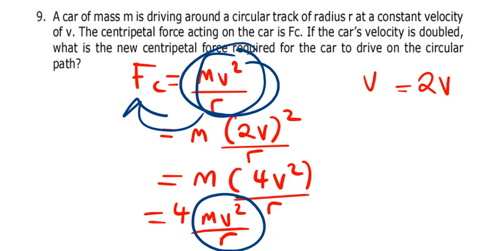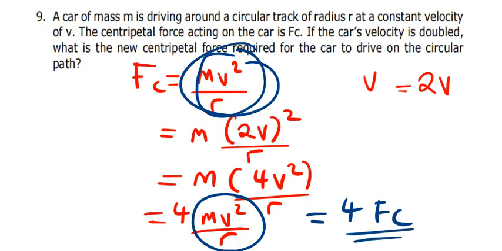So I can replace where there is mv squared over r with fc. So it's finally 4 multiplied by fc. What this means is that the new centripetal force required is 4 times the original one when you double the velocity. That's what that just means.